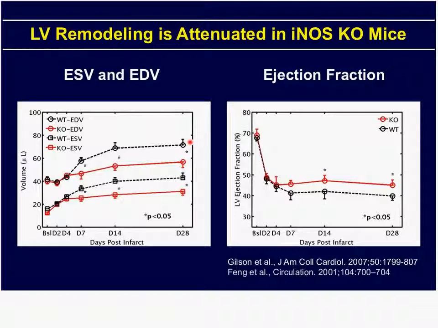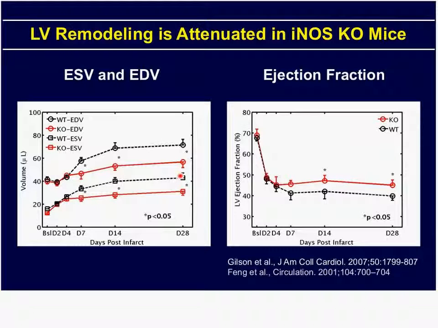And remember, I said that in most cases, you'll get most of your LV remodeling complete by day 14. The utility of day 28 is to prove that the effect is durable. For instance, the iNOS knockout mice, shown in red, maintained that advantage out to day 28. It was not a transient improvement.